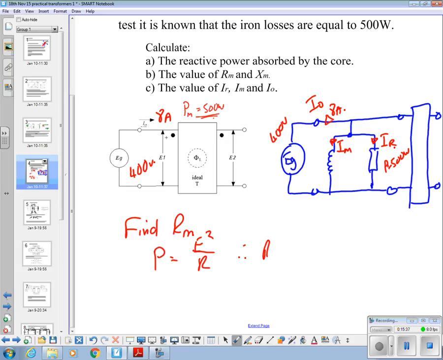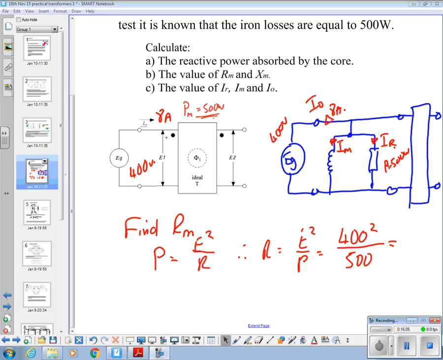Therefore, R is E squared over P, 400 squared over 500. Let's hope that gives the same answer as my worked example that I got here.